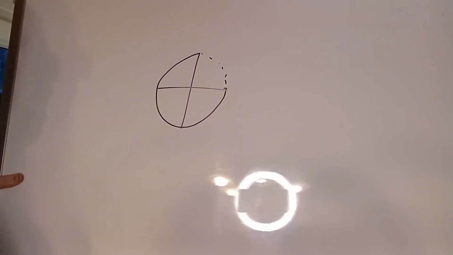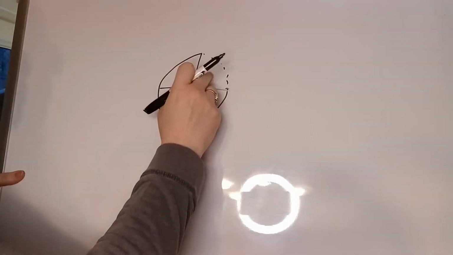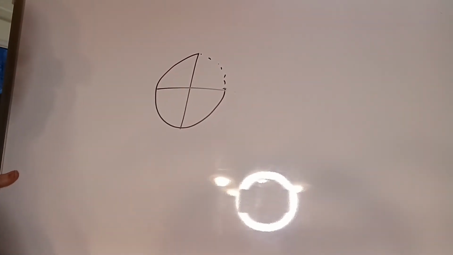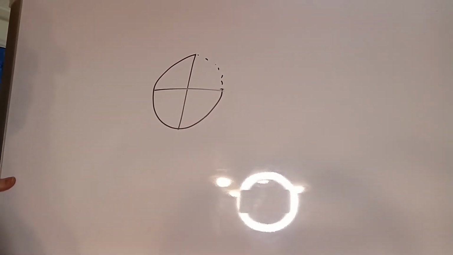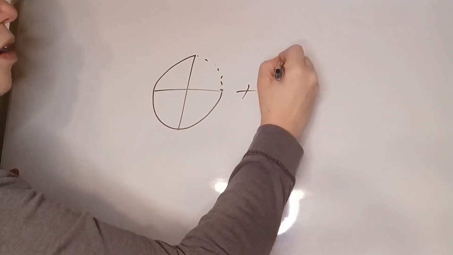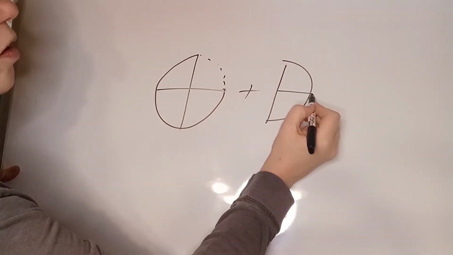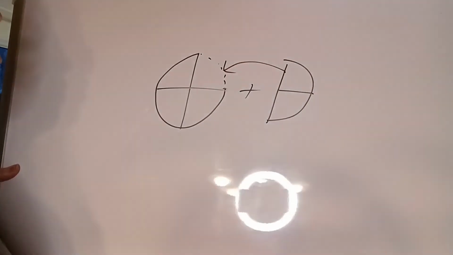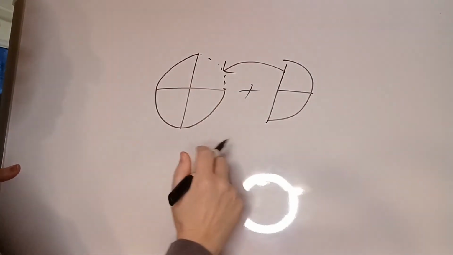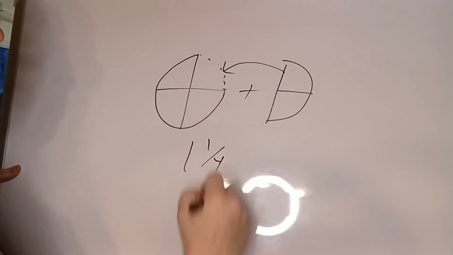And that helps a lot to know. For example, if we took that and added it to 1/2, we would know that we could just cut this off and stick it in there and have it be done. So we get 1 1/4 as our answer.